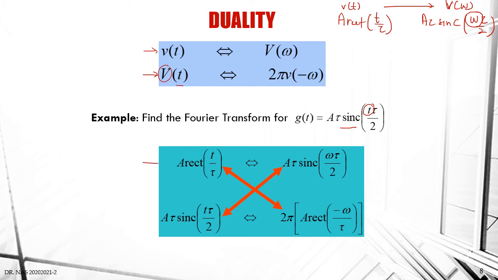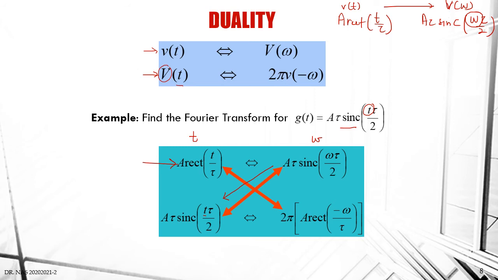This is from the general equation. Now this equation is moved to the left hand side. So A tau sinc function, but omega, in this side is all t equation, and on the other side, the right hand side, is all omega equation. But now you see the sinc function using t. So when you move this sinc function to the left hand side, the omega will be replaced by t, and the rest is the same.